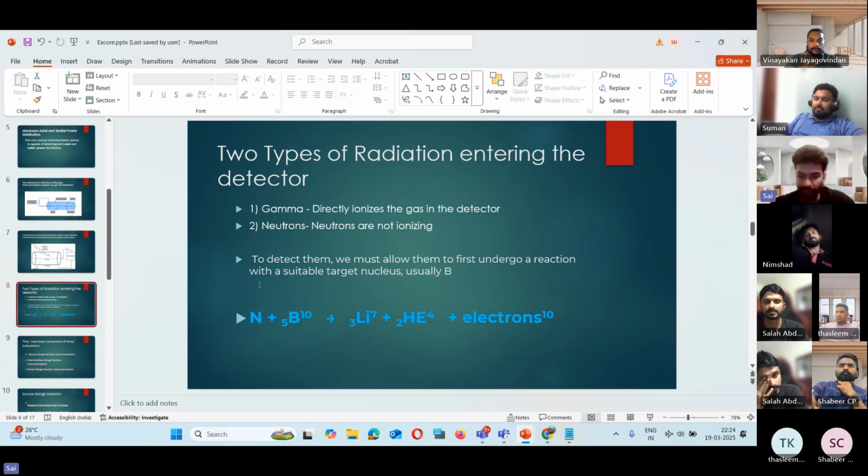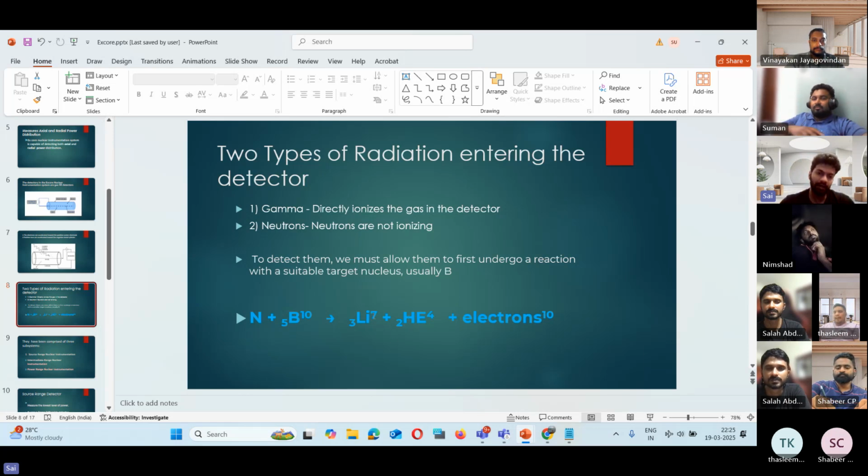And neutrons are chargeless, so in order to detect these neutrons, we need a target nucleus inside the detectors. We are using boron as a target nucleus. So the neutron will interact with this boron and will produce lithium, helium, and electrons.